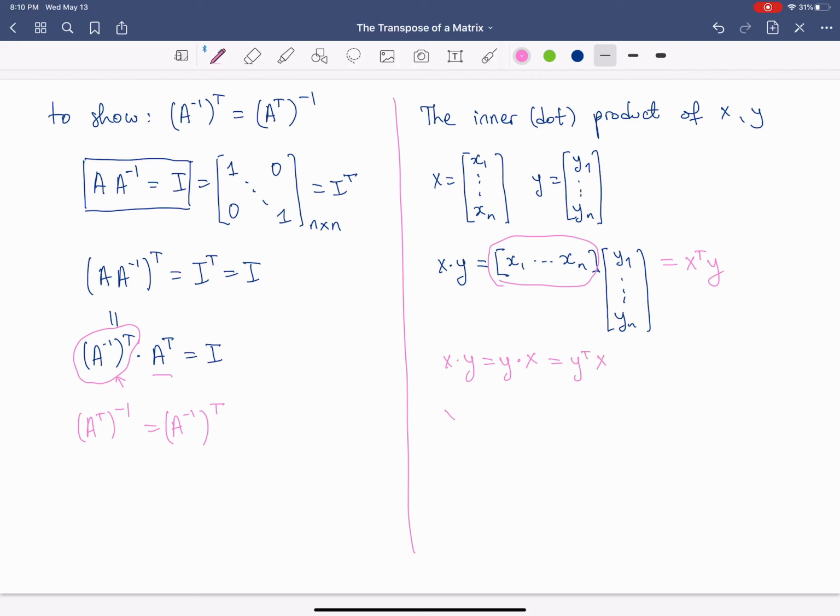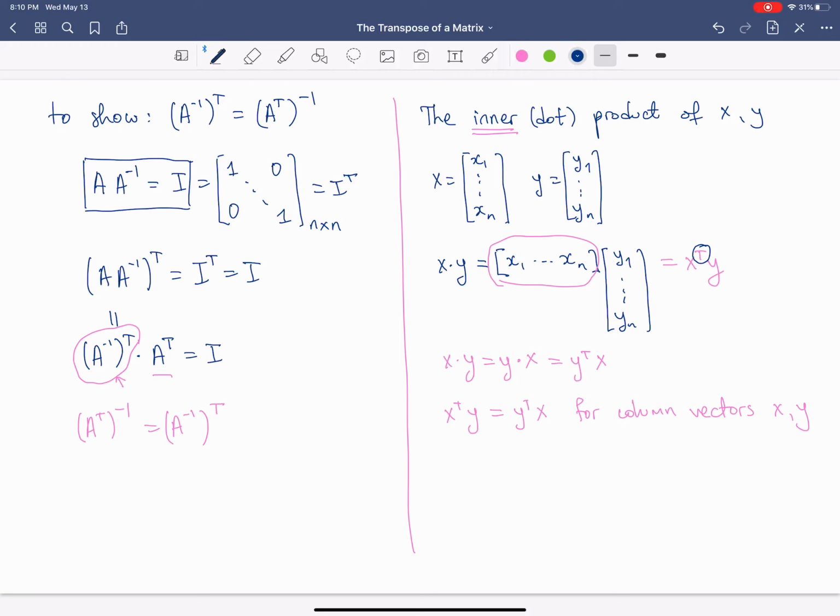So we see here that x transpose y is the same as y transpose x for column vectors x and y. And now what is interesting is that this transpose is in between x and y, and that is the reason for the inner product labeling, because that T is in between x and y.